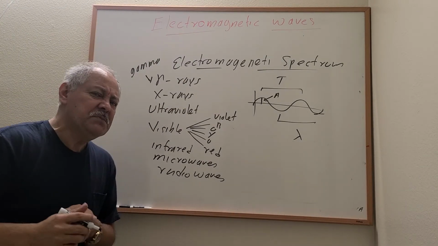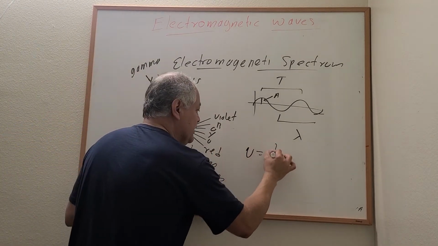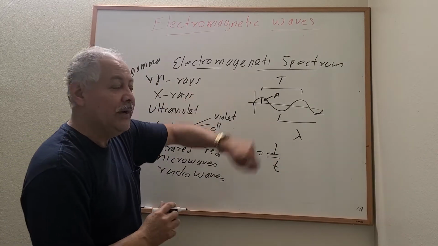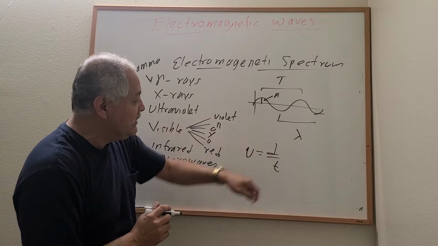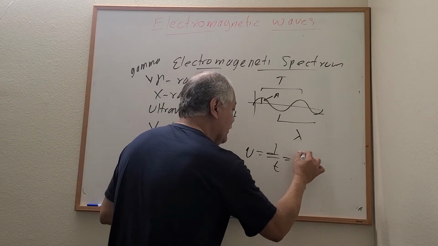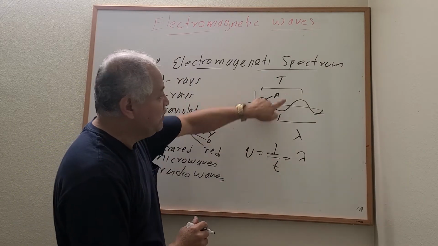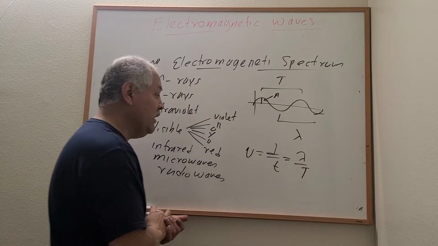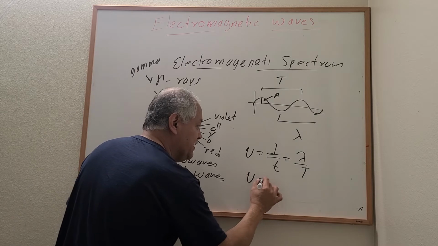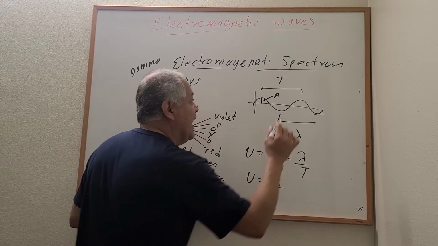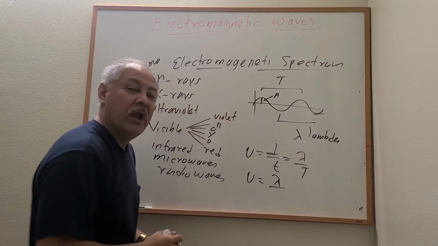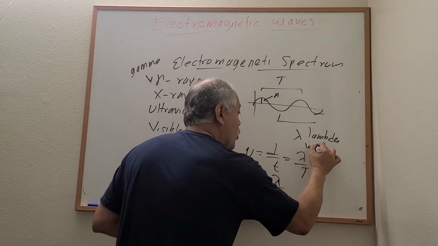Perfect. How do we define speed? Speed, remember, is distance divided by t. Now, when we go to the waves, we know that the distance is represented by lambda, and the time is represented by the period, T. So we can say the speed of the wave is equal to lambda over T. Lambda is called the wavelength.